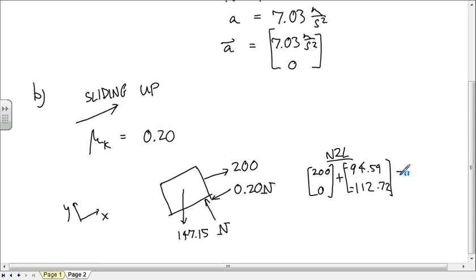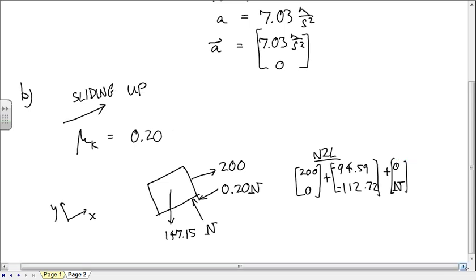And then there's the normal force. And then what are the components of the friction force? Yeah. I knew you knew it. Okay.